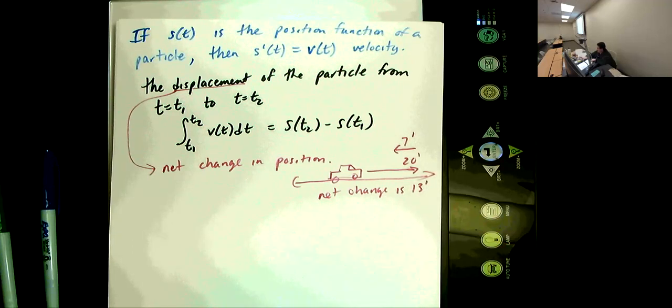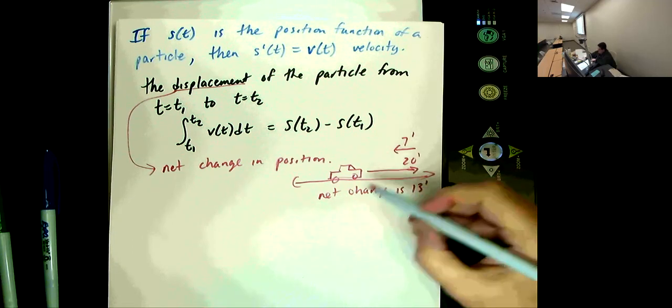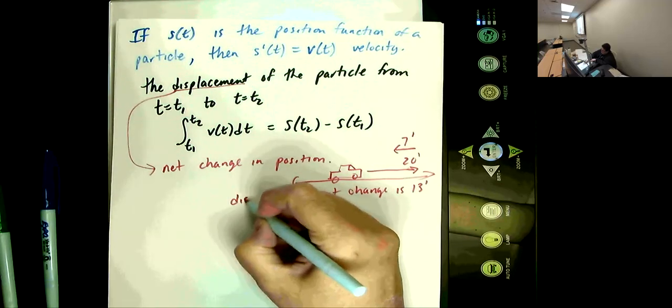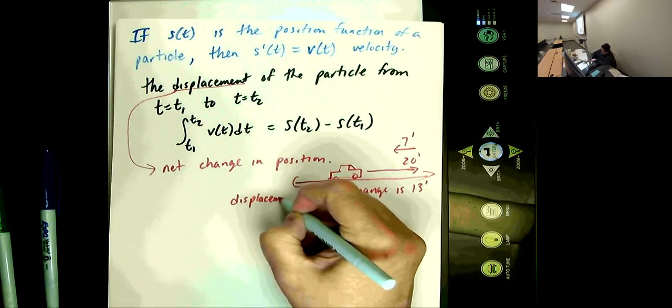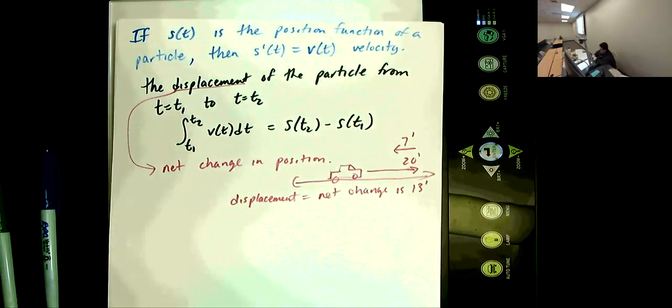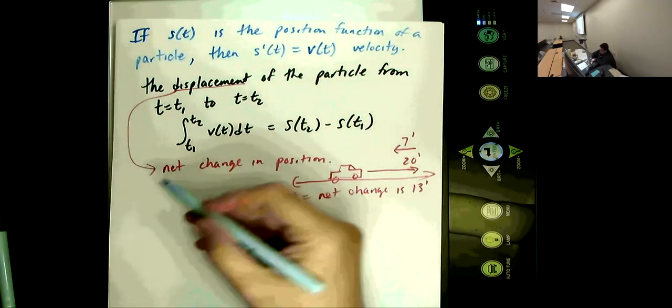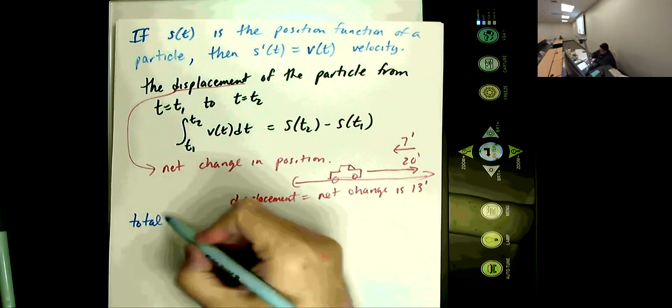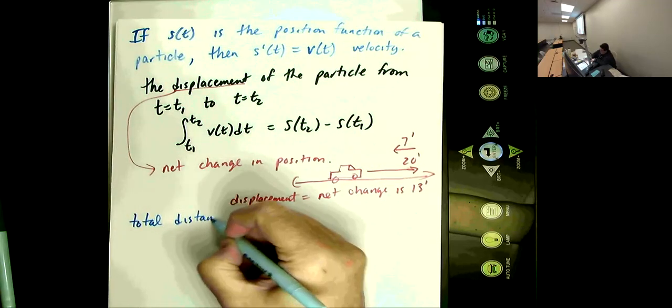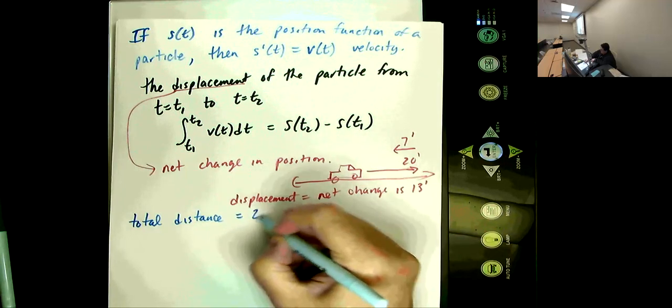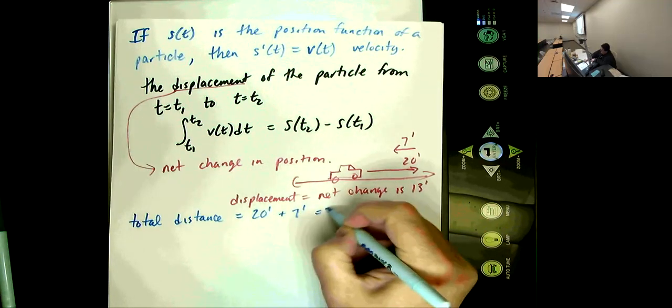Make sense? So that's why it's called displacement. That's how much it's shifted from its initial position. But the total distance it's gone would be the 20 plus the 7. It's 27 feet.